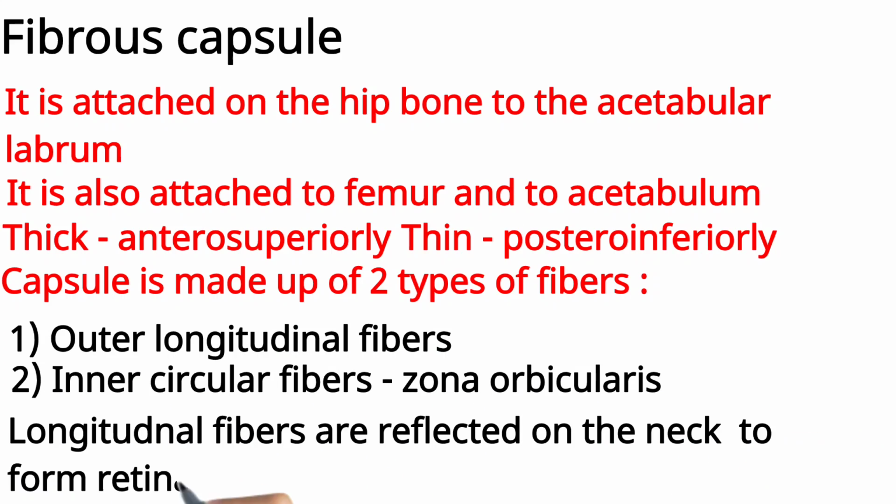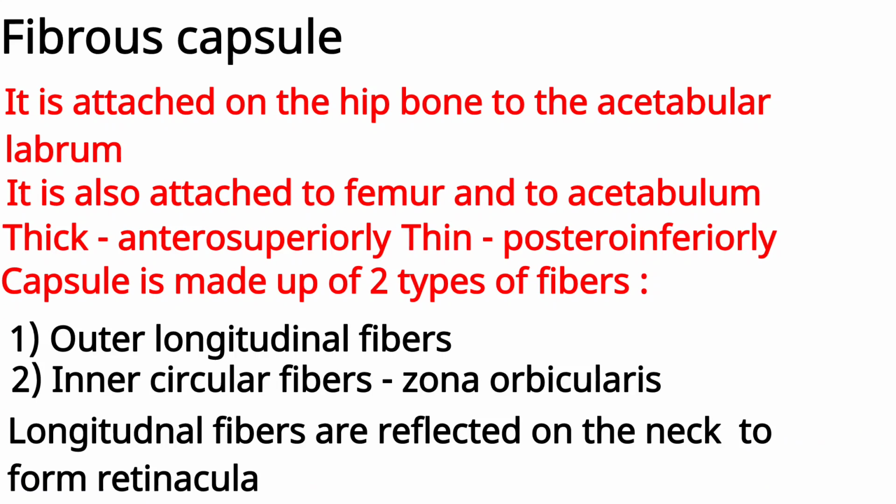Now coming to the fibrous capsule. What is the fibrous capsule? The fibrous capsule is attached on the hip bone to the acetabular labrum. It is also attached to the hip bone a little bit above the acetabulum and a little bit below the acetabulum, and it is attached to the femur bone also, to the intertrochanteric line of the femur.